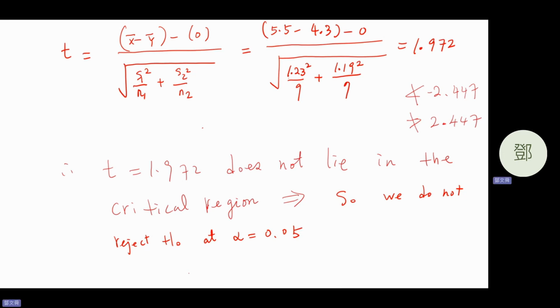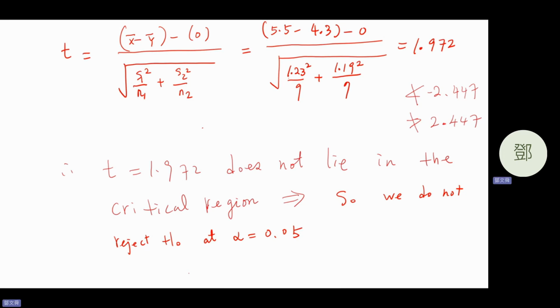This is a two-tailed test, so we check if t is smaller than minus 2.447 or bigger than 2.447.